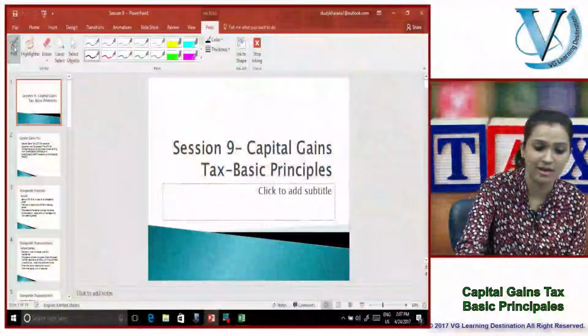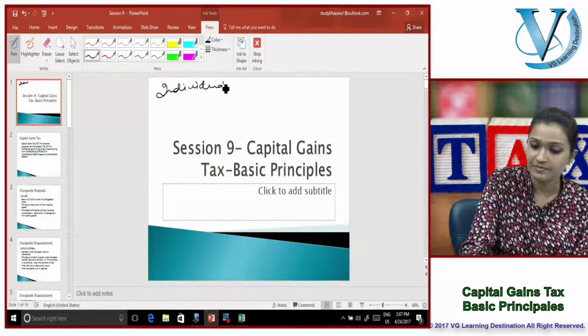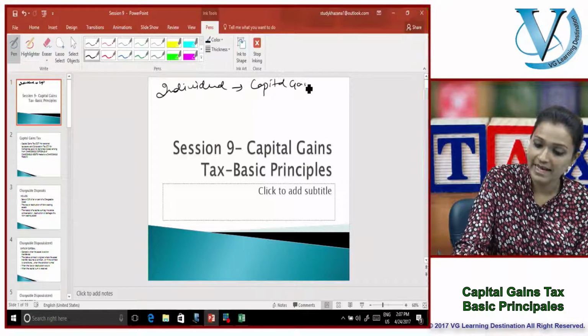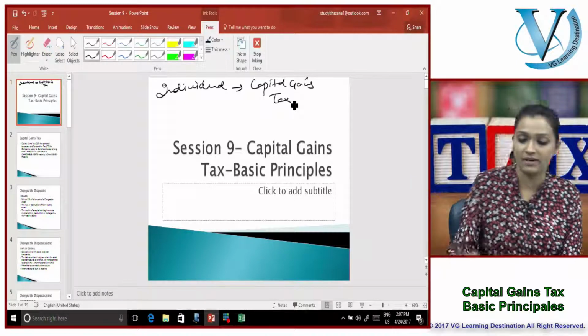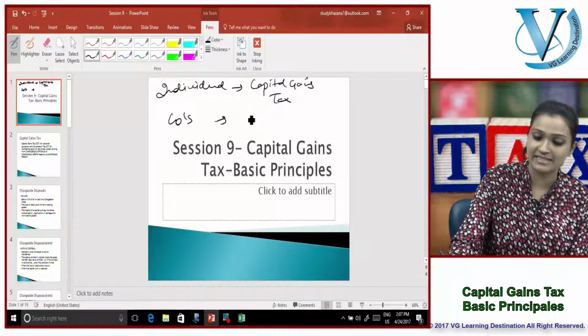Now, before we start, one very important bifurcation I would like to tell you: individuals pay capital gains tax. As opposed to this, companies or corporate houses pay corporation tax.